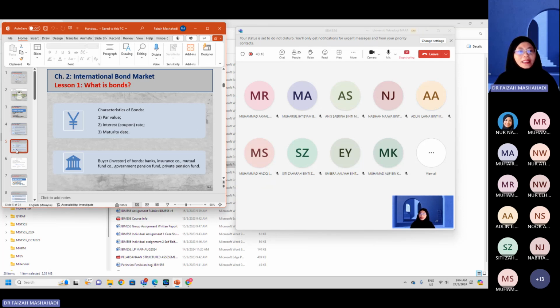And number 3 is the maturity date. This is the date when the deficit unit must pay all of the principal borrowed to the surplus unit. If it is 3 billion US dollars, then upon maturity, that 3 billion US dollars must be paid to the surplus unit.